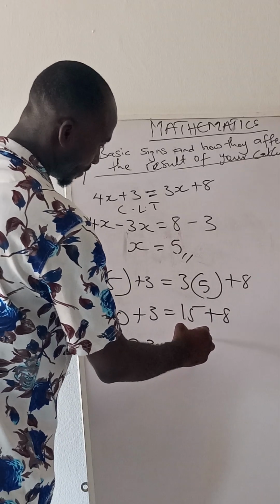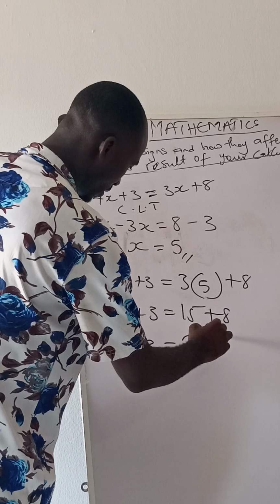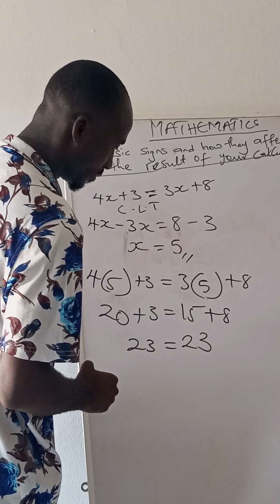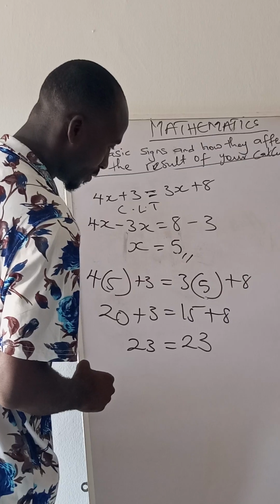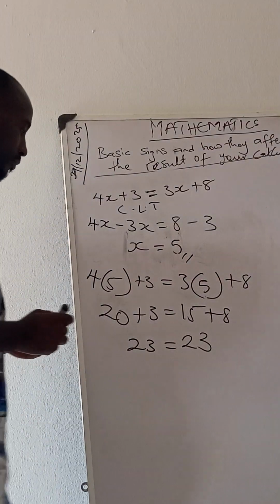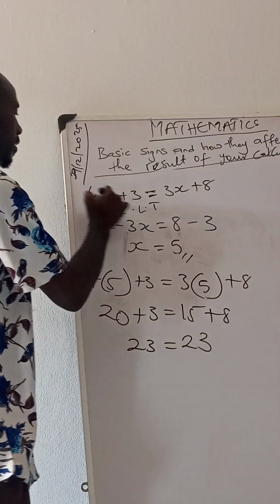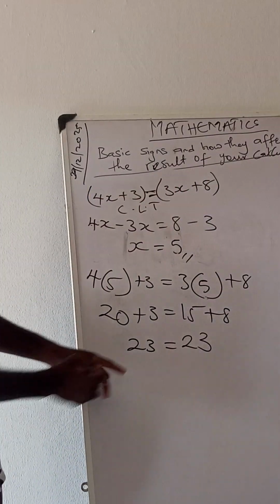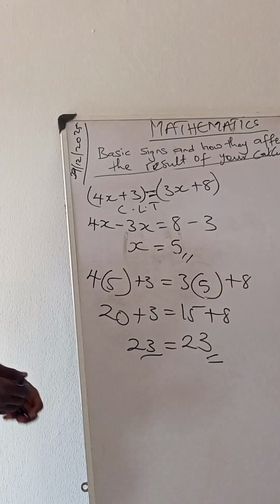That will give us 23. Abi? So it is correct when x is equal to 5 for both sides because we got 23 here, 23 here.